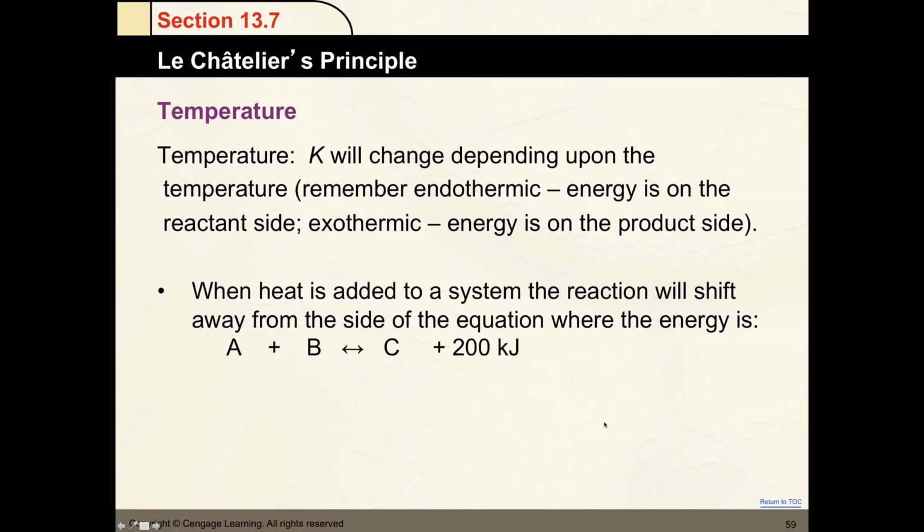If you took away this heat, the opposite side will continue to have its collisions undisturbed and will keep making more of the opposite side, and this side would have slowed down because you had taken it away. So we would say that's a shift to the right to make up for or to compensate for what you just lost or slowed down.